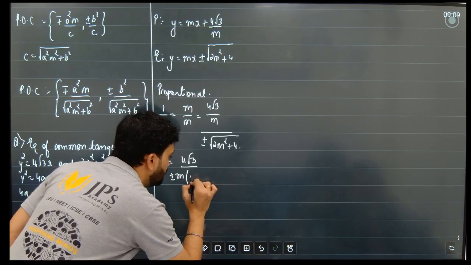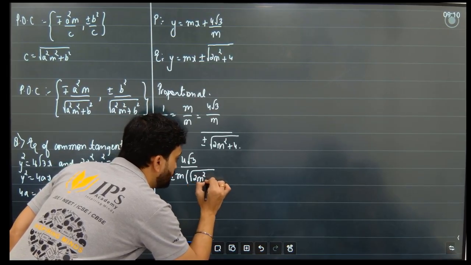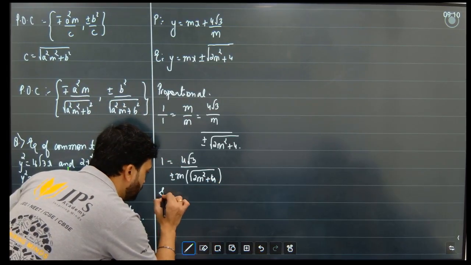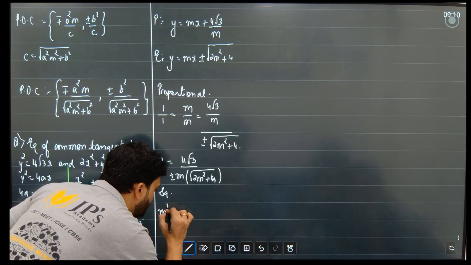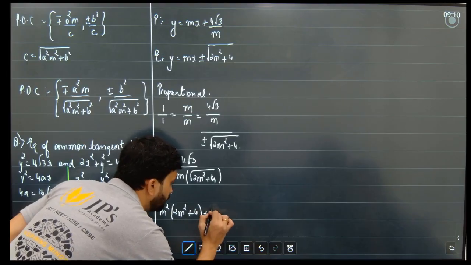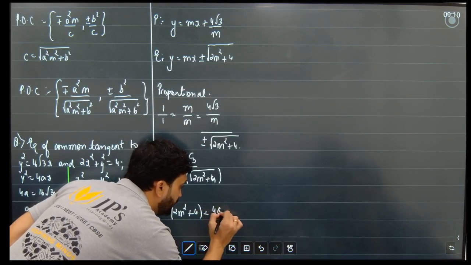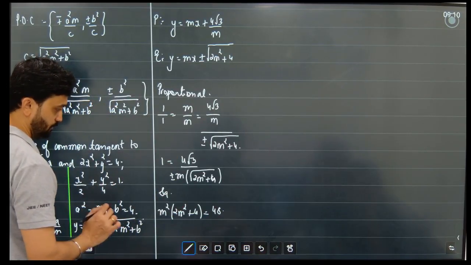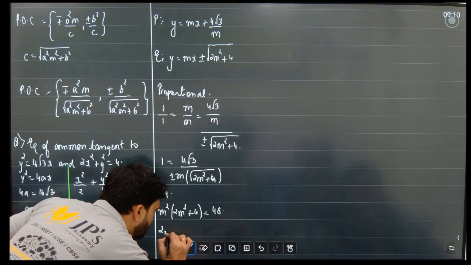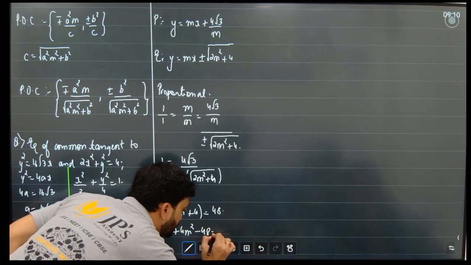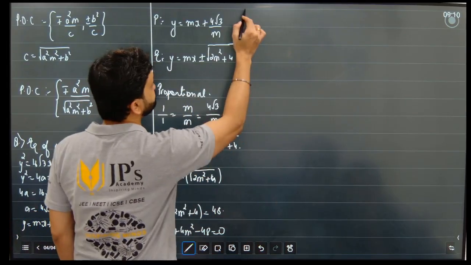बाहर ले लिया under root of 2m square plus 4. Then squaring both sides, I get m square (2m square plus 4) is equal to 48 because I squared both sides. So m square (2m square plus 4), if I expand this, will become 2m raised to 4 plus 4m square minus 48 is equal to 0.